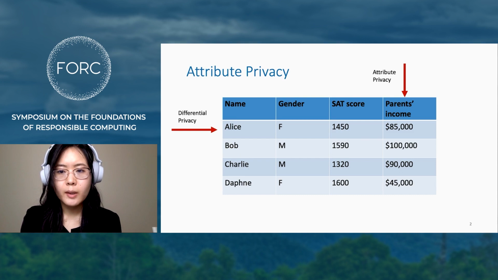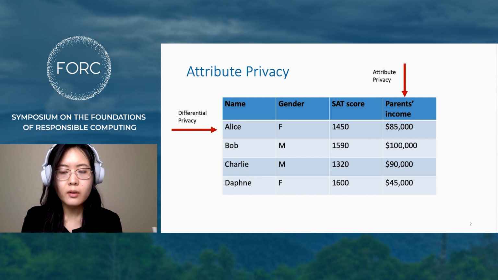In this work, we instead consider privacy of the attributes or columns of a database. We take the view of a database owner who wishes to publish aggregate statistics about her database, and must also protect the privacy of the aggregate information in certain sensitive columns.